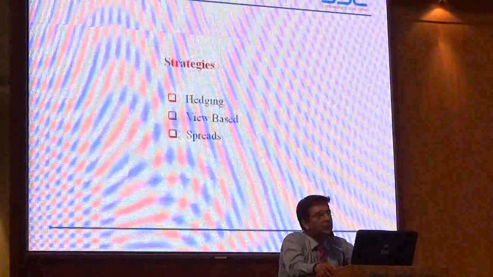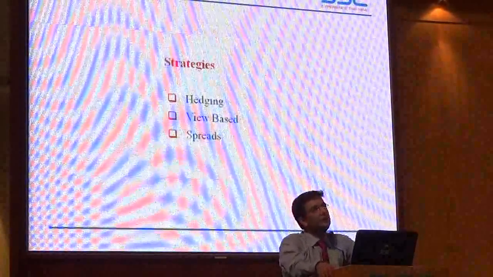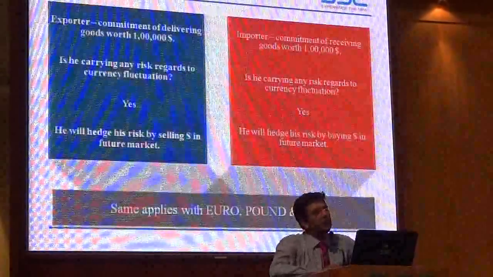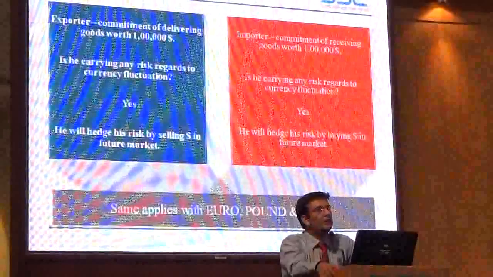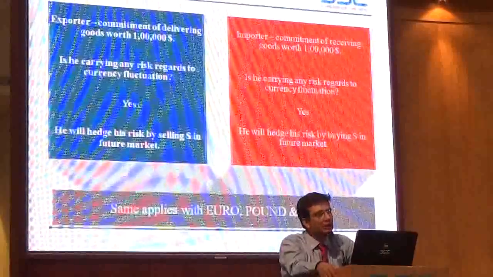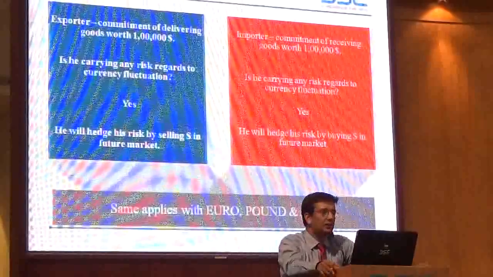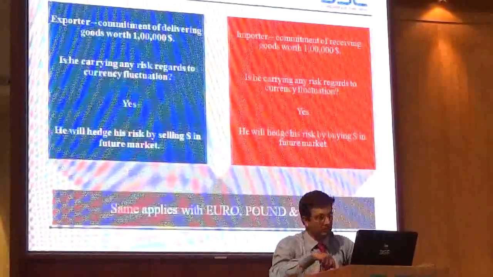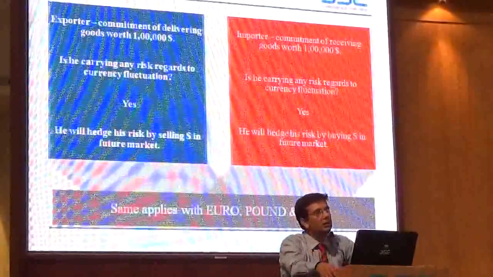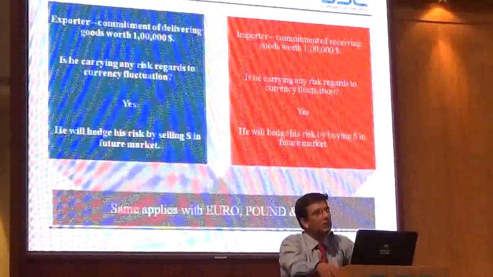Strategies are normally the same as compared to equities. We have hedging, which is mainly used by the corporates. If a corporate is an exporter, it's very essential for him to hedge his position on the exchange traded currency derivative. Why? Because he is concerned about the inflows of dollars.